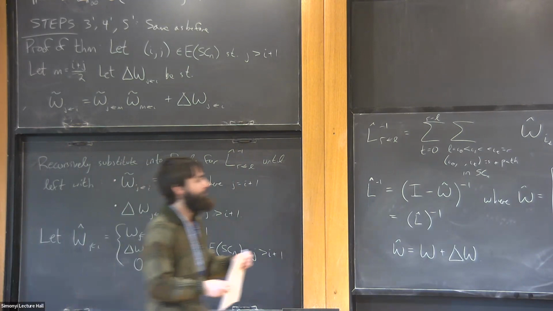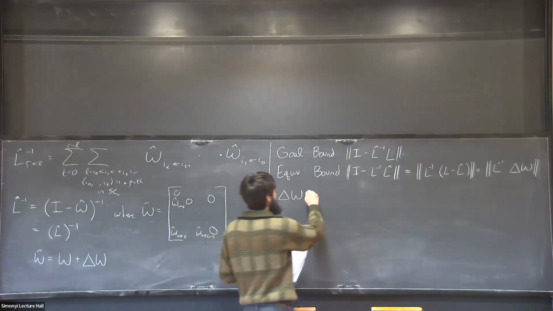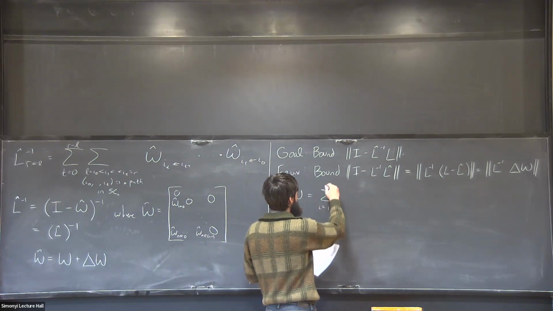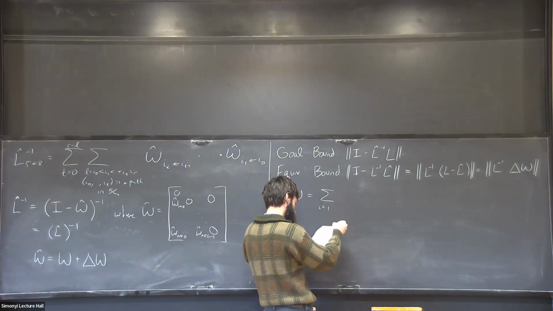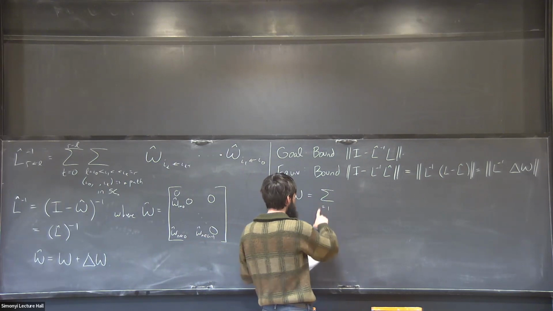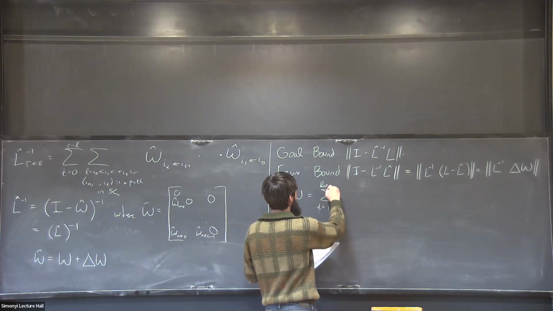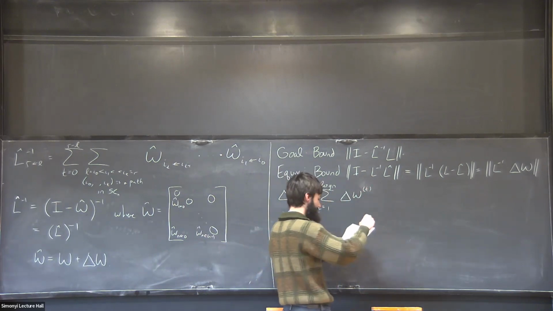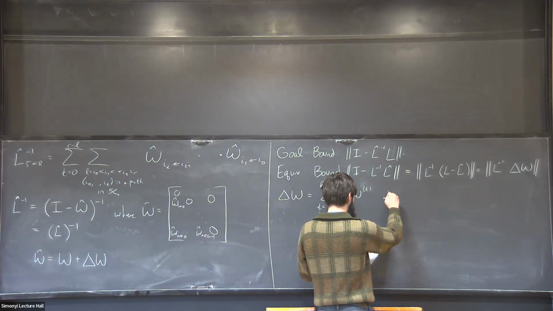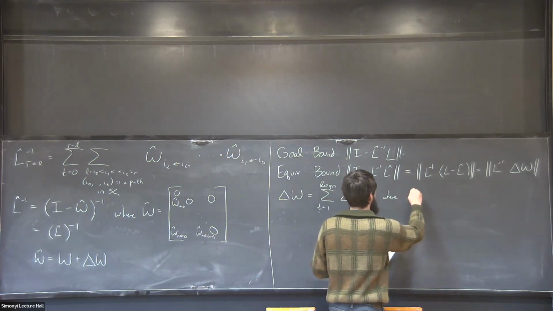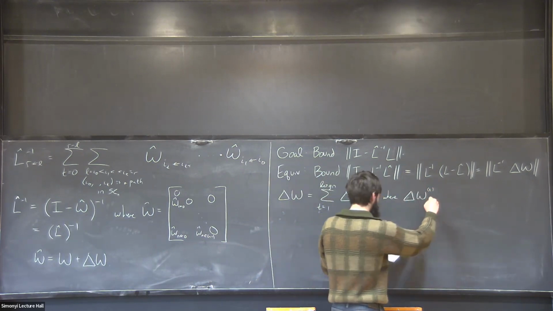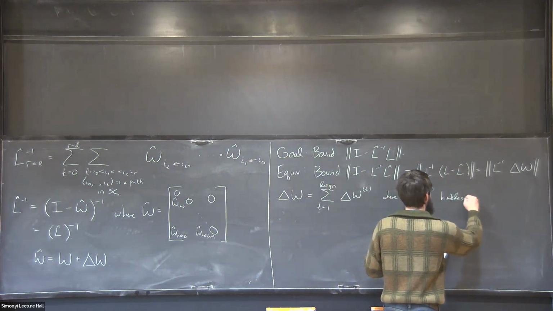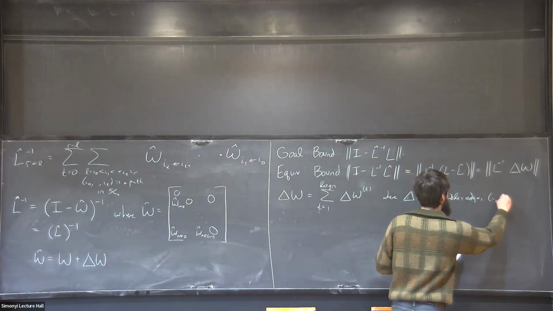We decompose it as a sum from t equals 1 to log n of delta W t, where delta W t only handles edges of length 2 to the t.